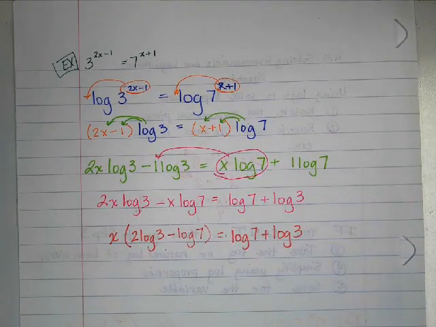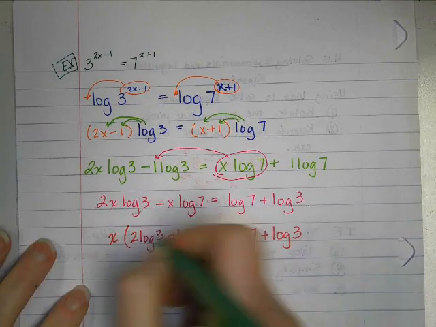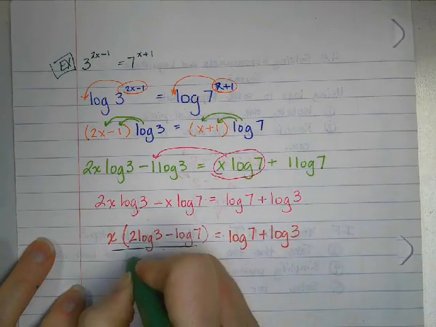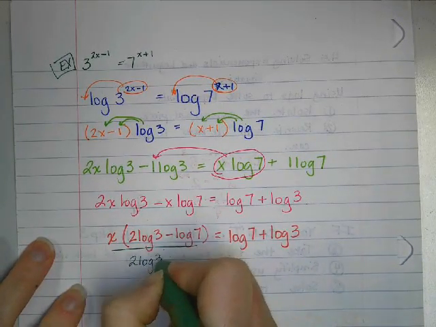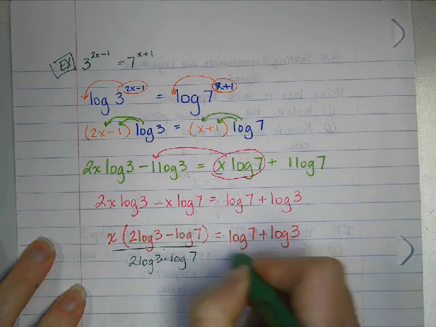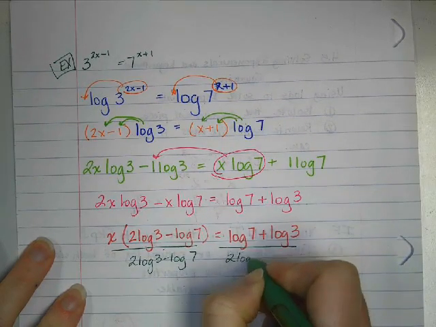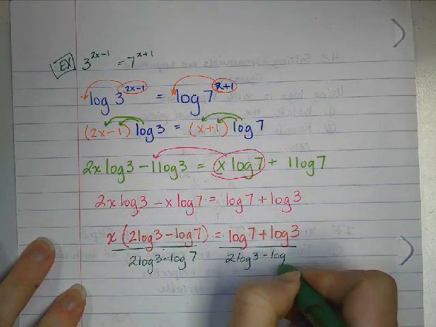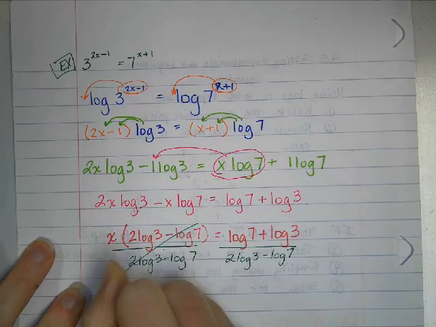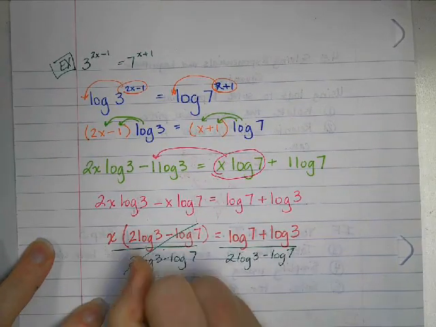Good? And now I need to get x by itself. Divide by all that: 2 log 3 minus log 7. That is all you can do.